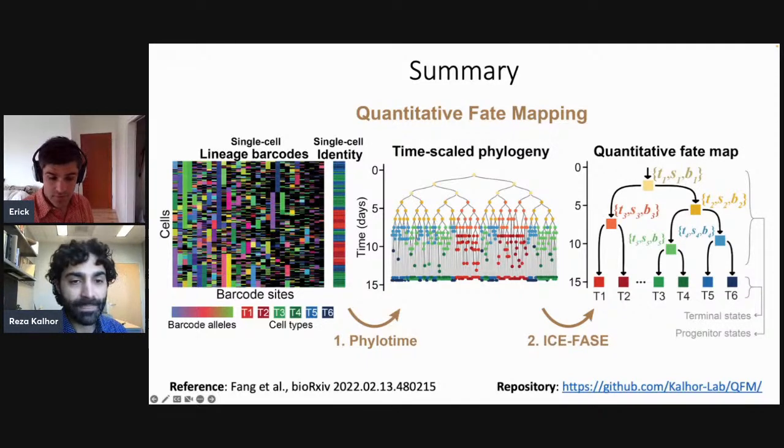No, that's true. So I think what we believe is the magic of time is that, let's say you have sequenced 1,000 cells in an organism. With this quantitative fate mapping that I'm showing you, what we think makes it so powerful is that you have 1,000 cells sequenced. You get 1,000 choose 2 estimates of time.